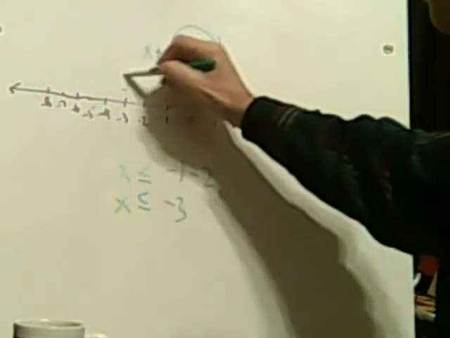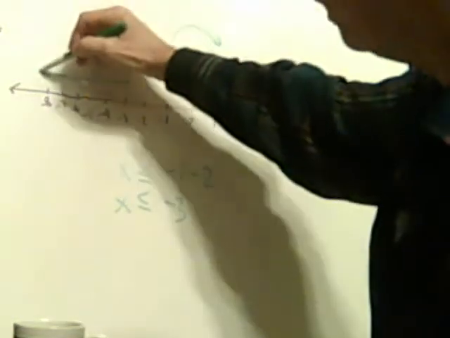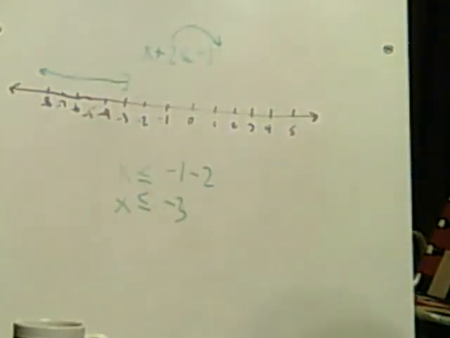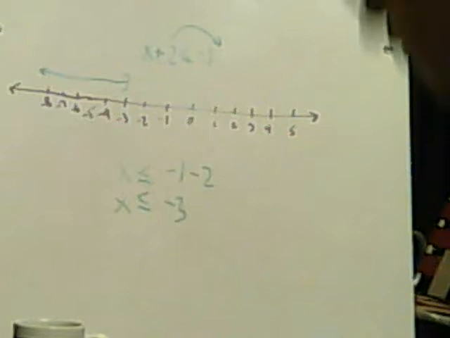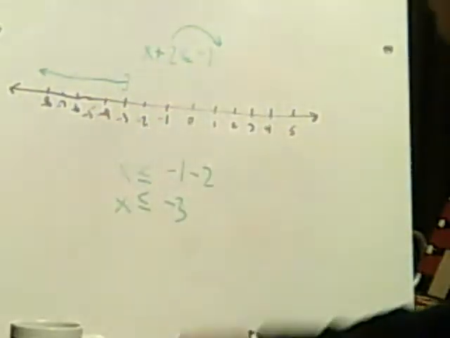So that's going to be a closed interval on -3, but it's going to extend all the way less than -3. Less than or equal to. So it's got a closed bracket on one end.